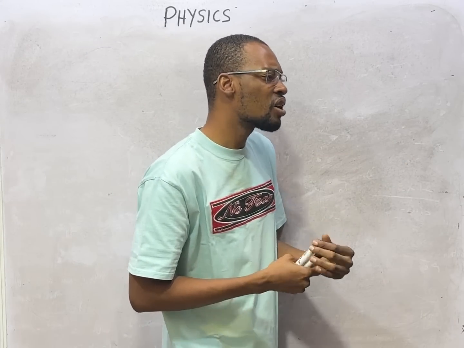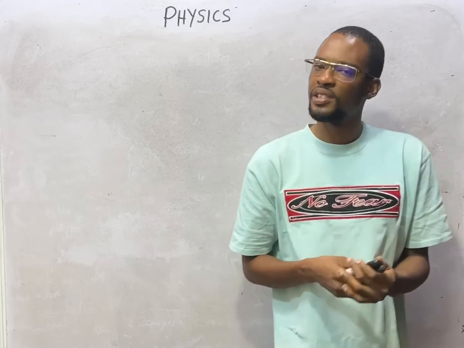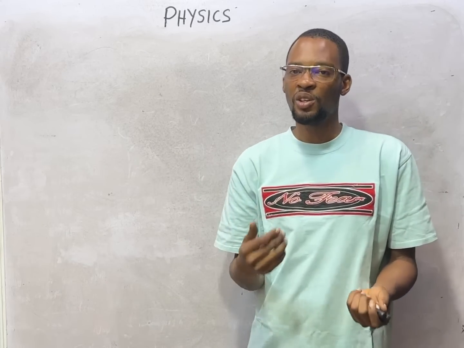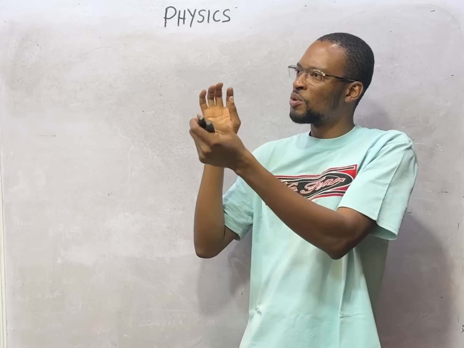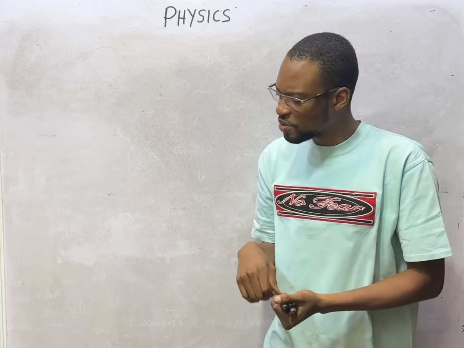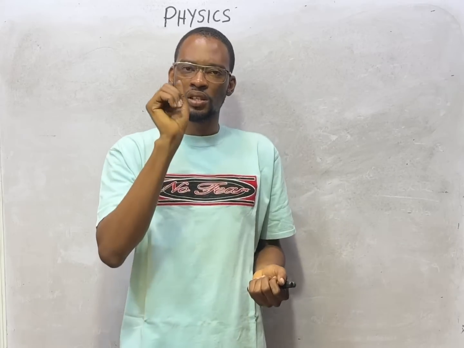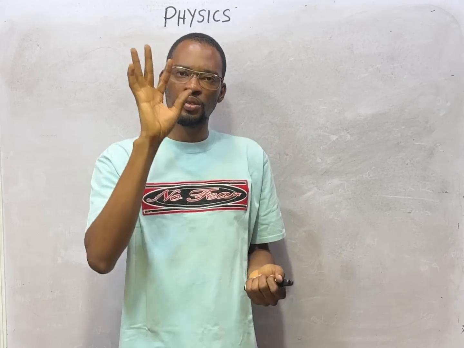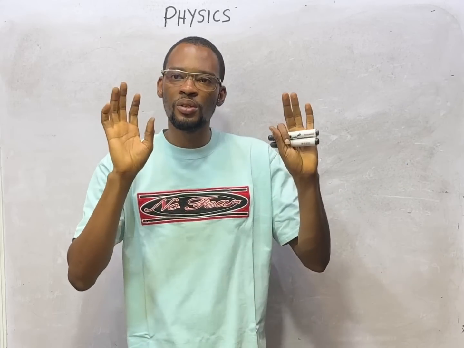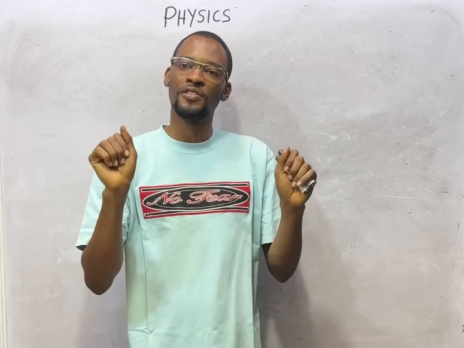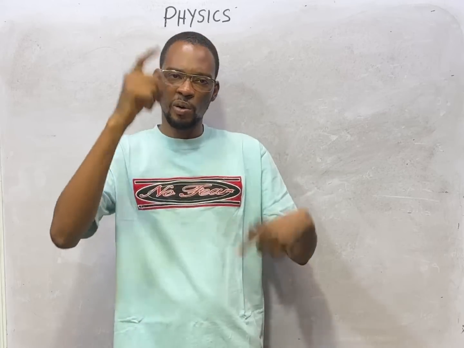The current you use in your house for your TV, for your lights, they are alternating currents. If you look at your electric bulbs very well through, let's say, a microscope or powerful devices, you notice that this is how your bulb is doing. Turns on, turns off, turns on, turns off. Even your TV goes on, off, on, off, because the current is alternating.